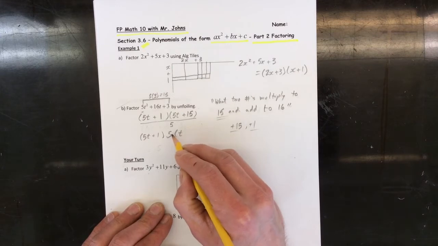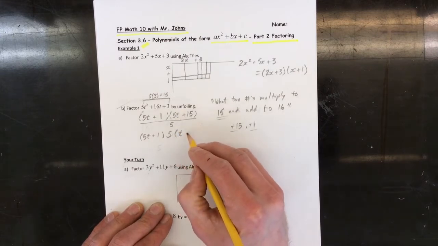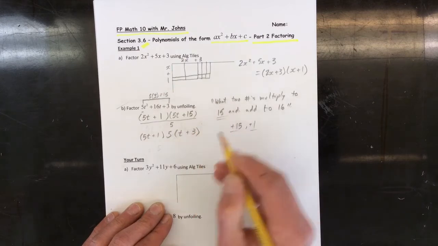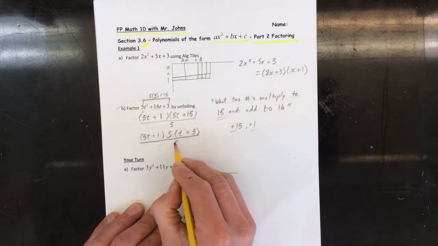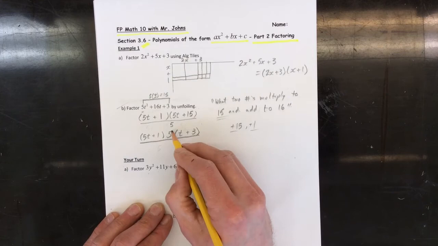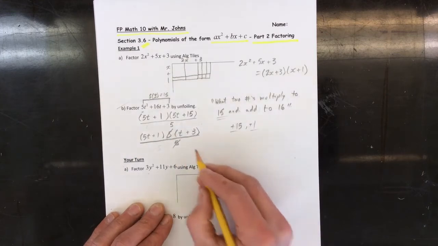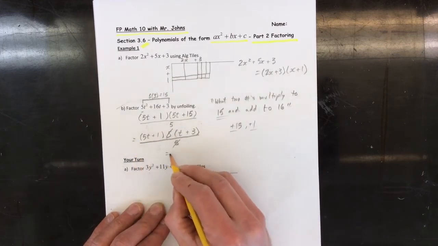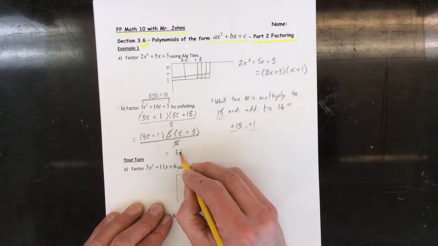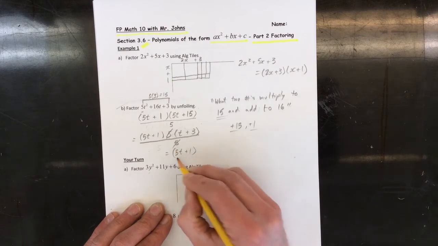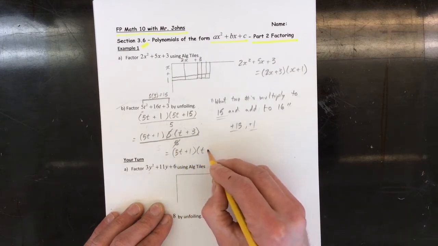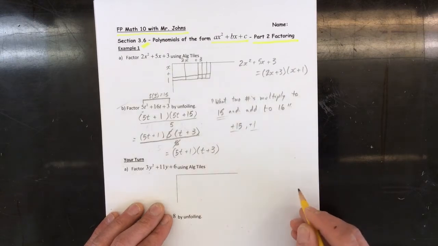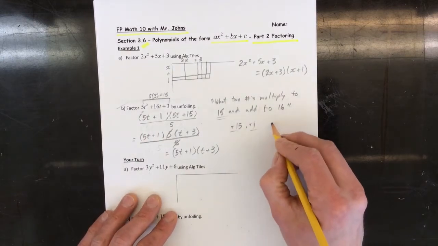This is like 5 times t will give me 5t, and 5 times 3 will give me 15, all over 5. Well, there's that extra factor of 5 we put in. So our answer here is 5t plus 1 times t plus 3.